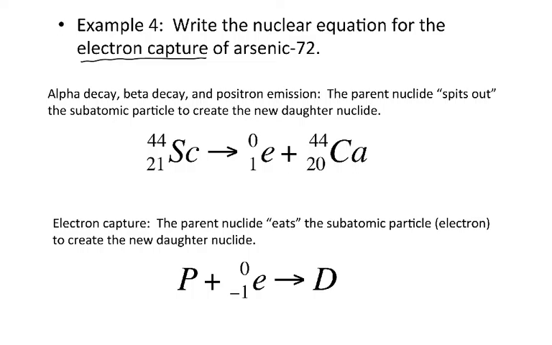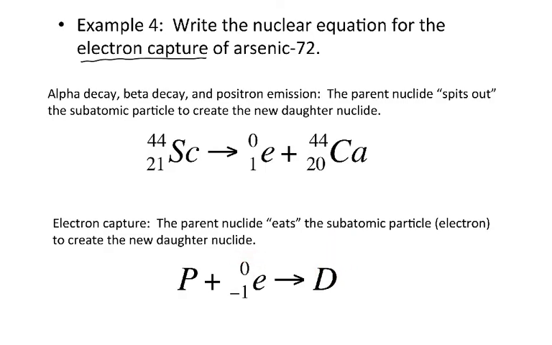Electron capture is slightly different. Rather than spitting something out like we do in the other three examples, in electron capture, we can sort of think of the parent as eating the subatomic particle. In the case of electron capture, the subatomic particle is an electron, right? So now I'm going from two things on the left, the parent plus a subatomic particle, and then I just have the one daughter on the right-hand side.